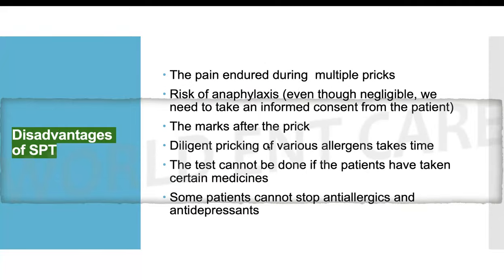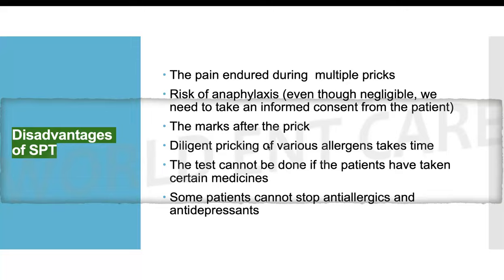Now, what are the disadvantages of SPT? First is the pain. A lot of patients are scared of the pain. They think that if they prick, the pain will be more. The pain endured during multiple pricks may discourage some patients from going for it. Then there is a risk of anaphylaxis, even though it is negligible. We need to take informed consent from the patient. This is very, very important.